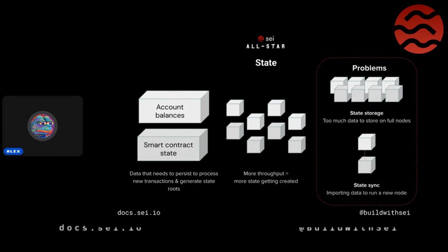Now, naturally, this becomes a problem, because as we have more throughput and more transactions, we're going to get more state, and that state is going to bloat up. So we're going to have a huge state store. The state storage gets way too big, so we have too much data, and we're going to have a problem with nodes keeping up with the amount of data they have to handle.